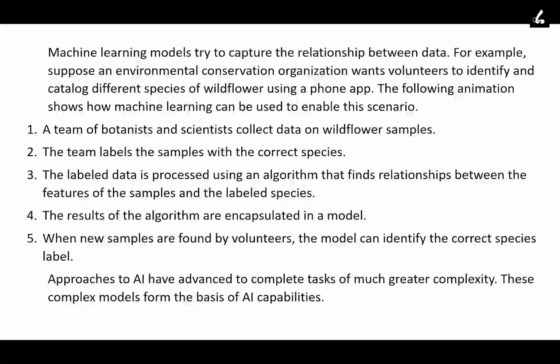In machine learning, what happens? It processes the data using an algorithm to find a relationship between the feature samples and label species. Like, in a certain environment some species develop very well, but in a certain environment they are not able to survive.